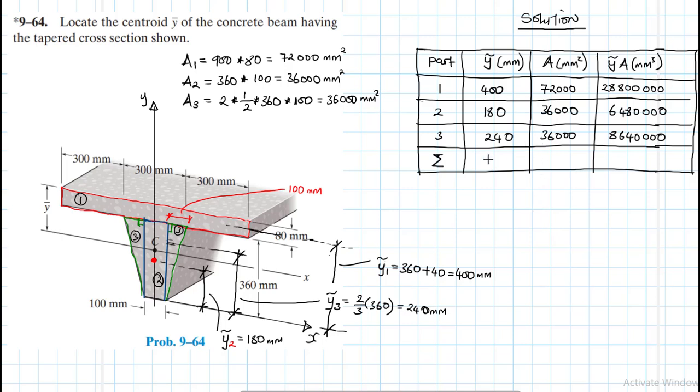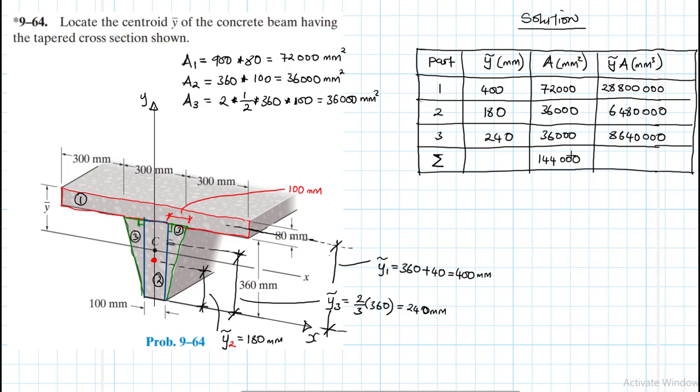Let's start with the area. 72,000 plus 36,000 plus 36,000 gives us 144,000, right? For sure. We add up the product of the local centroid y times A, yA.